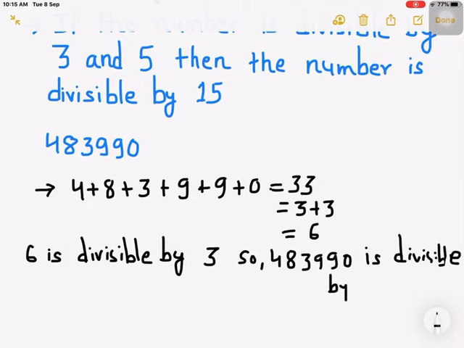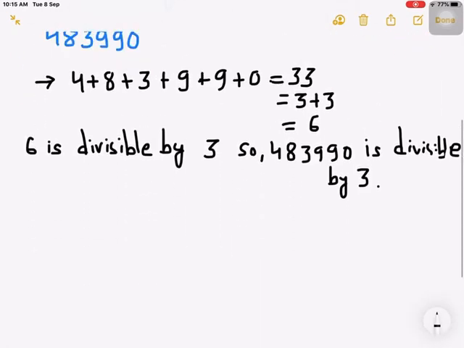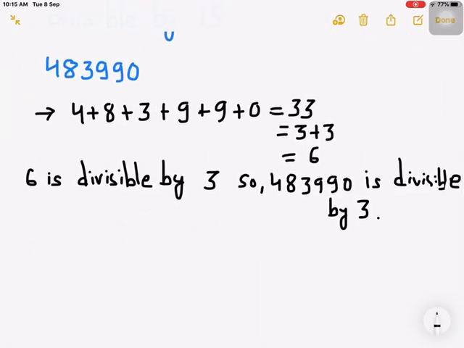Now we have to know the second condition, that it must be divisible by 5 also. Here, what is the divisibility rule for 5? Do you know? A number is divisible by 5 if the last digit is 0 or 5, isn't it?